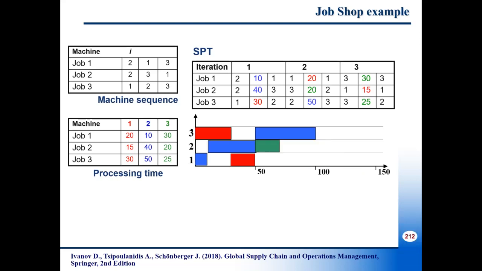And next, we continue with the bar for job number 3 to be processed by machine number 2 at 50 minutes, and therefore the total processing time for machine number 2 is at 100 minutes.